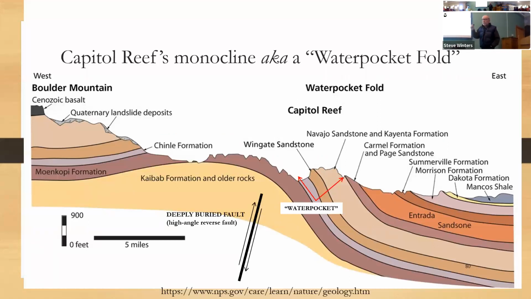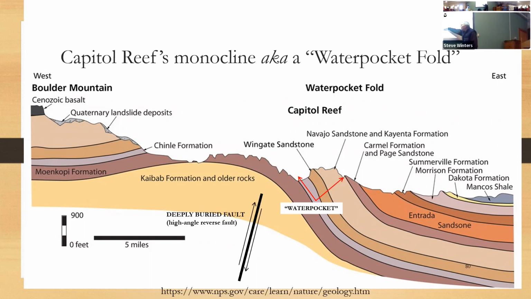It looks like this, simplified. Rather than having a fold with two limbs, it's a fold with just one limb. I believe they call this kind of pocket. You have a fault here.